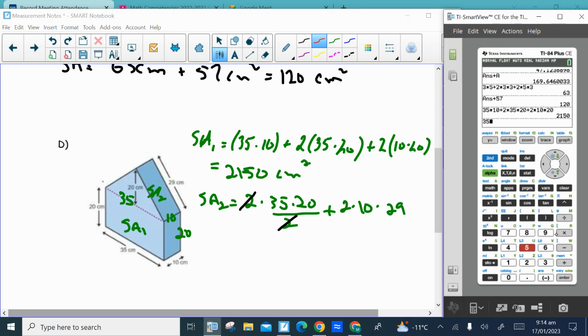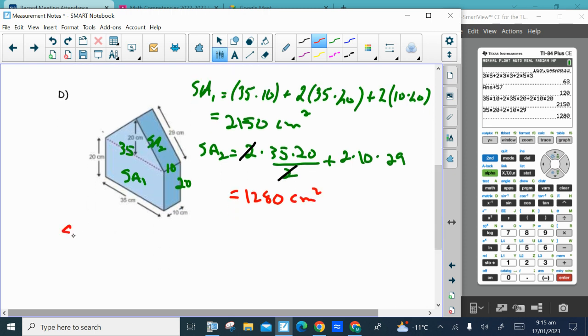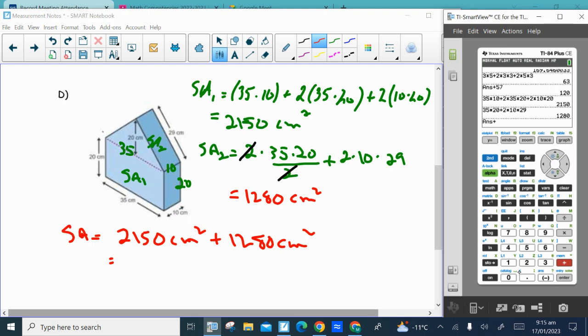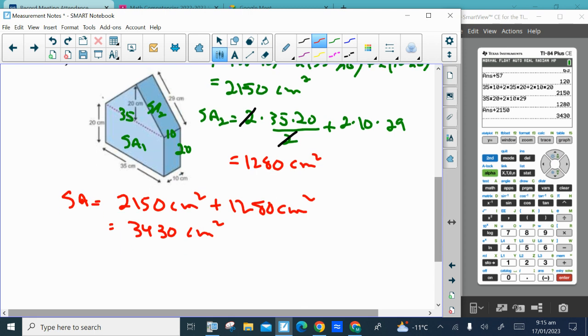So all we're left with is 35 times 20 plus 2 times 10 times 29, which is 1280 centimeters squared. And so now we're going to add these 2 together to get our final answer. 3430 centimeters squared is our final answer for the surface area of that composite shape.